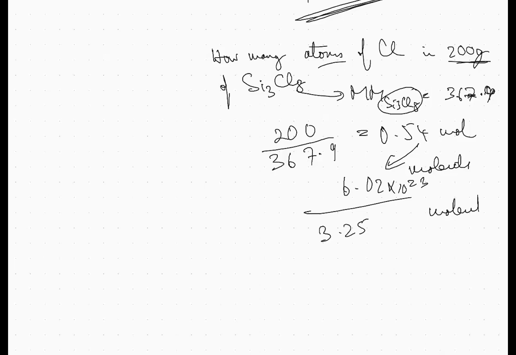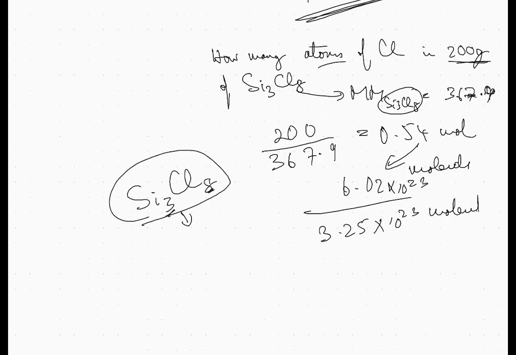But if you take this Si3Cl8, how many atoms are there in one molecule? 8 and 3, right? 11 atoms. So this number of molecules you multiply by 11, and from my calculations I get 3.57 times 10 to the power 24.